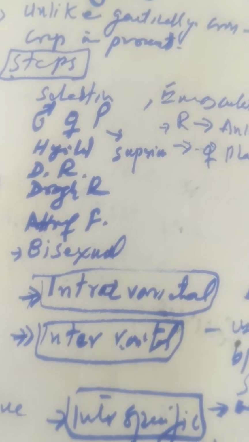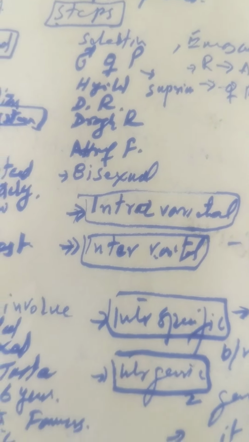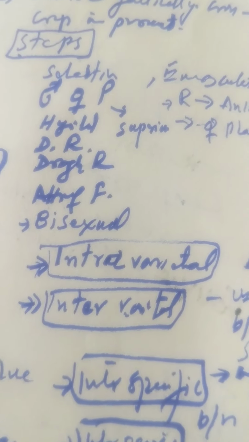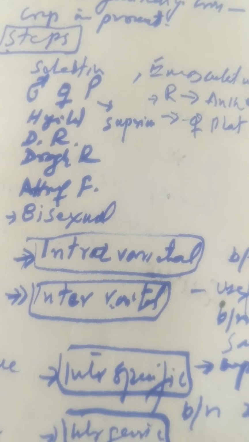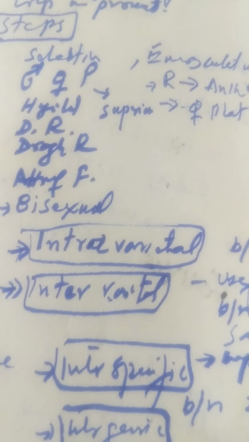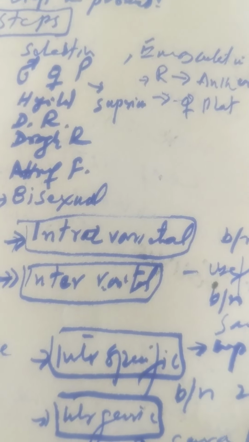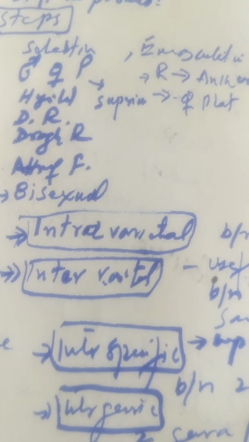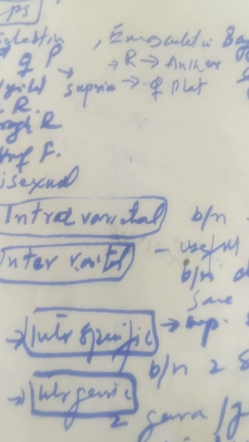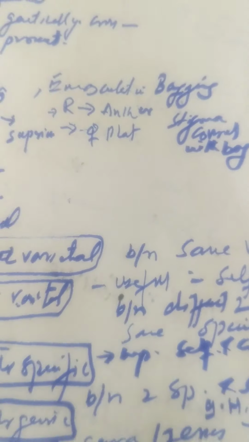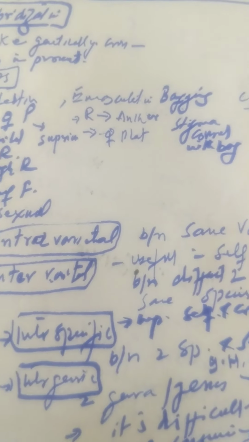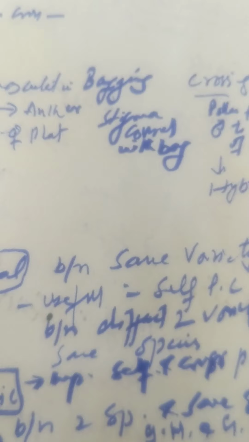In selection, male and female plants are selected on the basis of their phenotype, such as drought resistant and disease resistant plants, and then emasculated. There the anther is removed from the plant, which is called the female plant, and it is then covered with a bag.